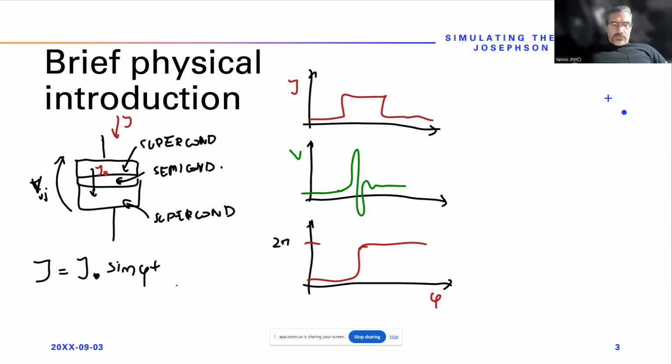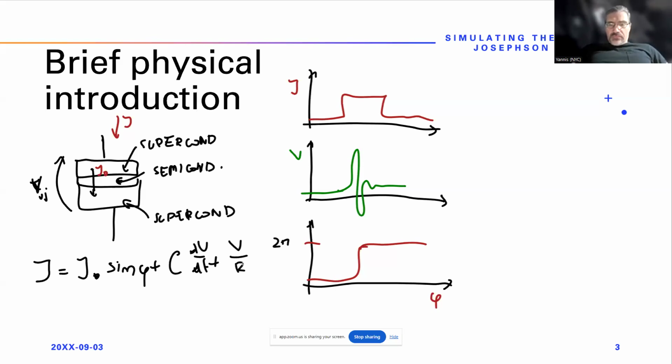Then we have to account for some built-in capacitance of the junction, so we have another term. And there's also some ohmic current.